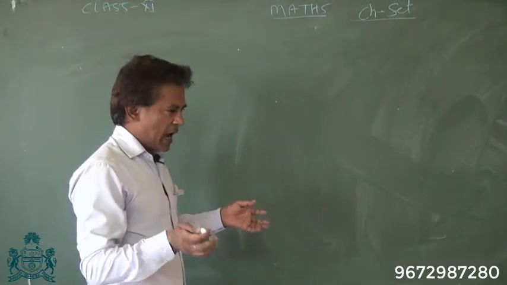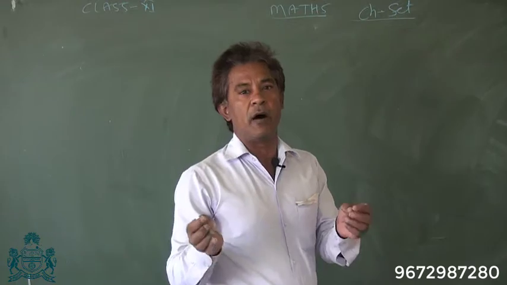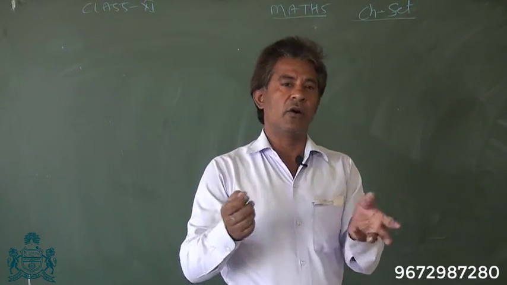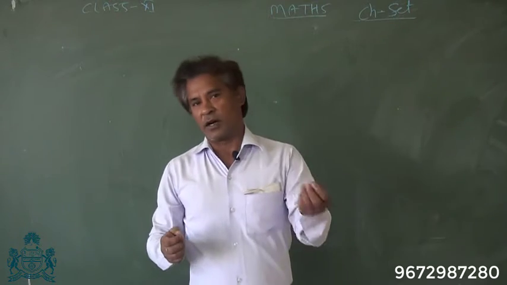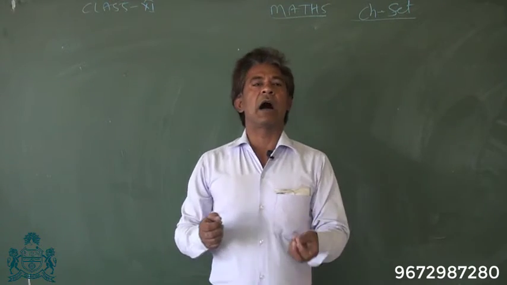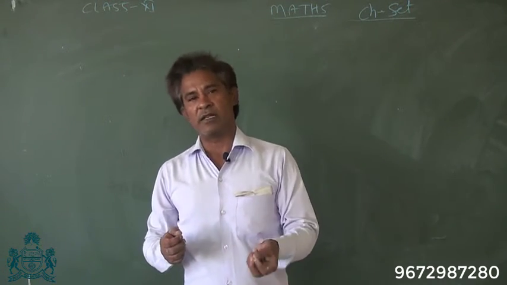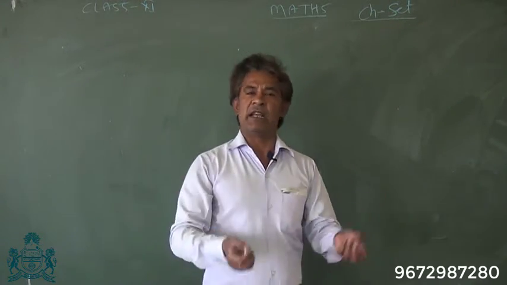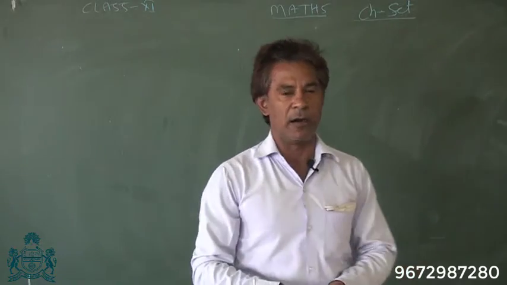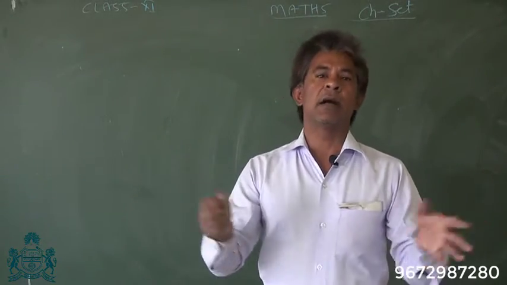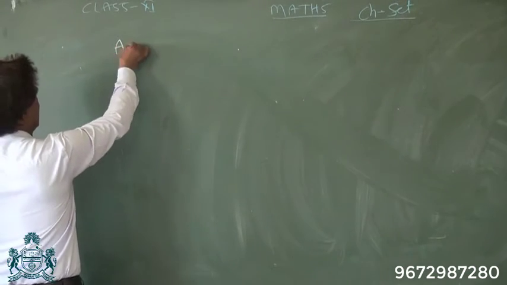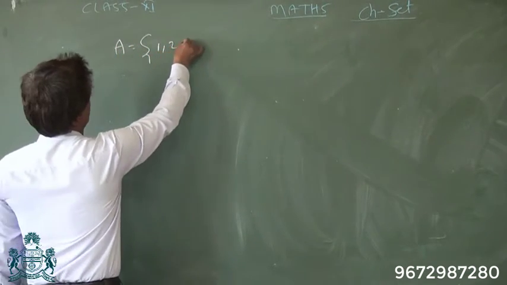Some days before, I explained the cardinal number, meaning the order of the set, and you know very well what the order of a set or cardinal number is. Cardinal number means the number of elements present in any set. Suppose we have a set A having elements 1, 2, 3.